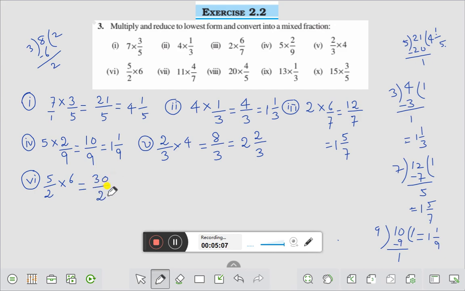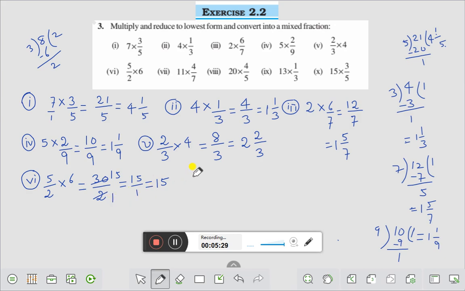If you change into lowest terms, what will you get? 2 ones are 2, and 2 fifteens are 30, so it is equal to 15 by 1, and that is equal to 15. 15 is the answer.